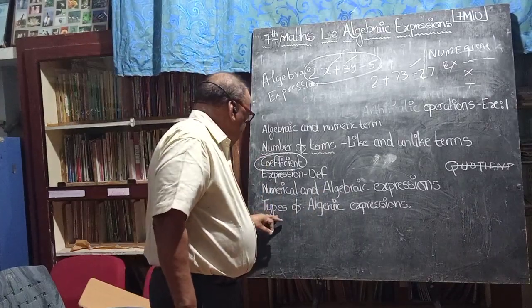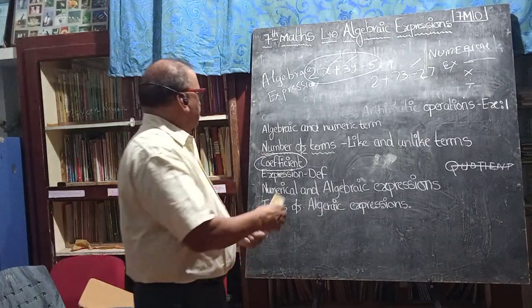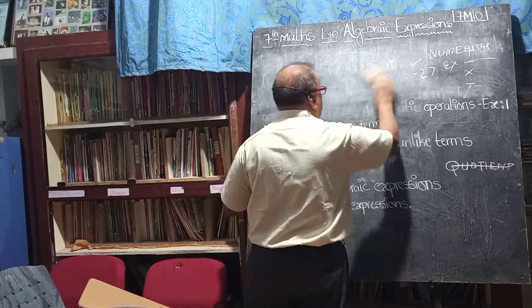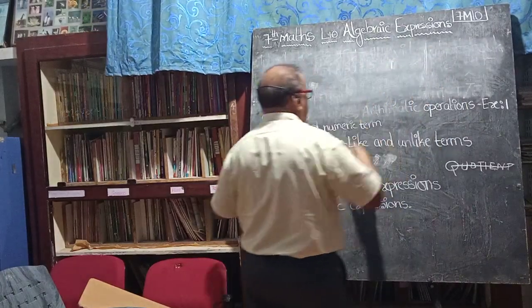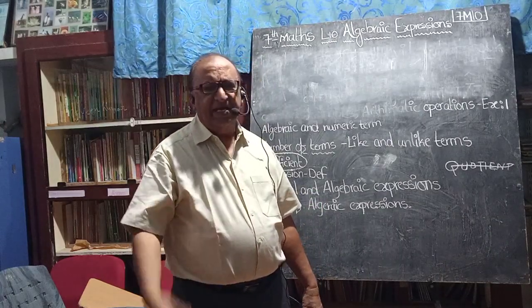Now I will talk about types of algebraic expressions. There are 2 types of algebraic expressions. Just like I told you, triangles are classified based on sides and based on angles.